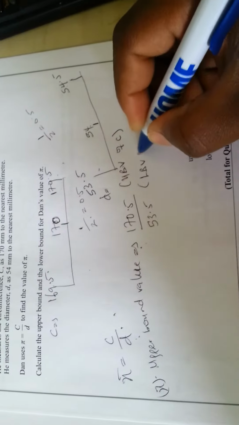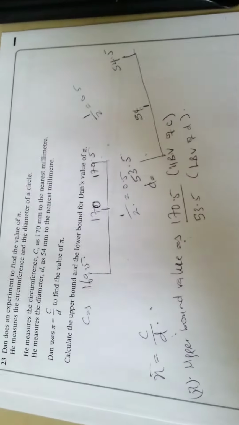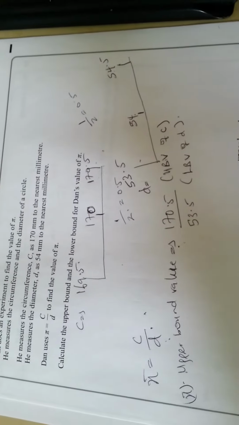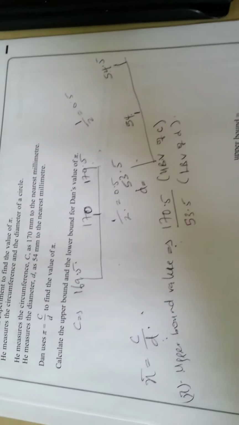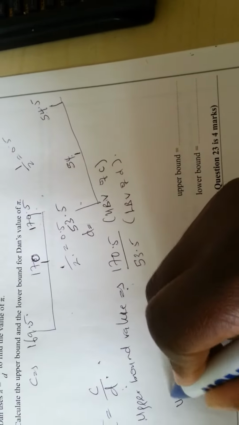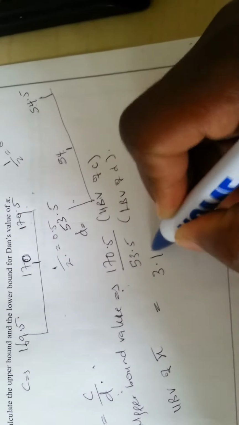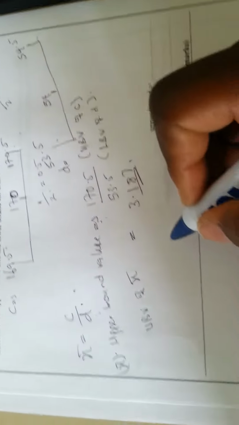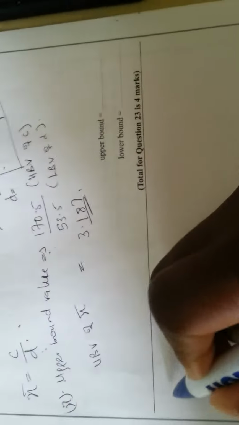So we have 170.5 divided by 53.5. Our upper bound value of pi would be 3.187.